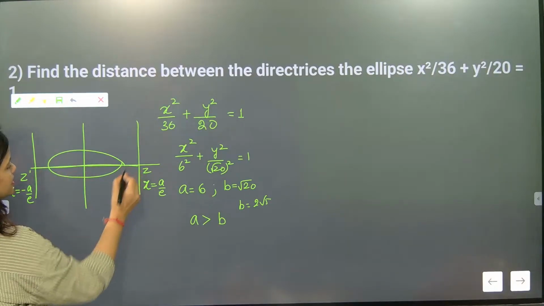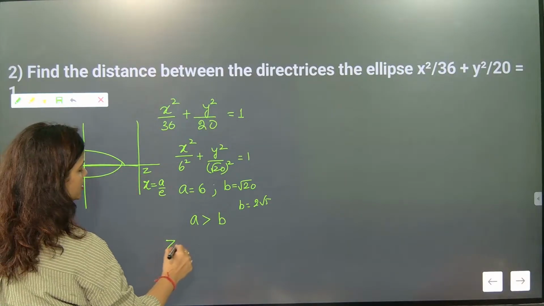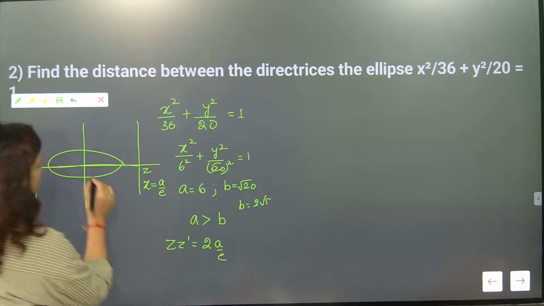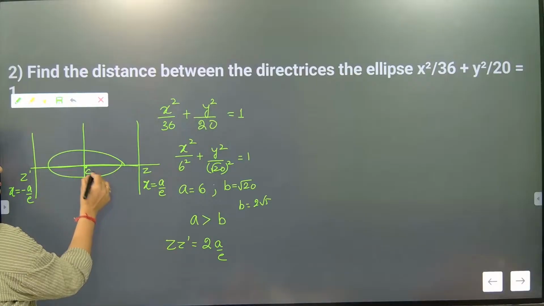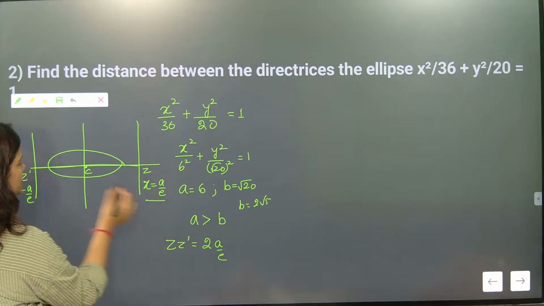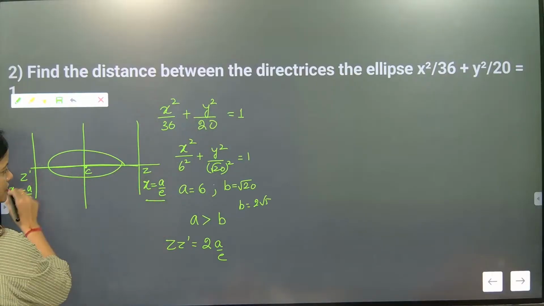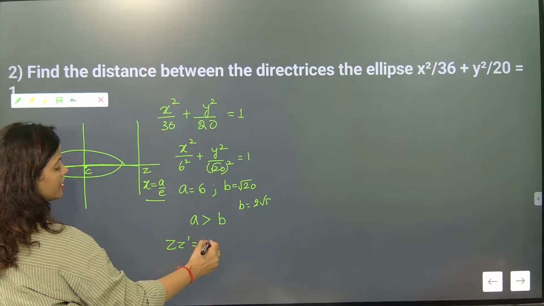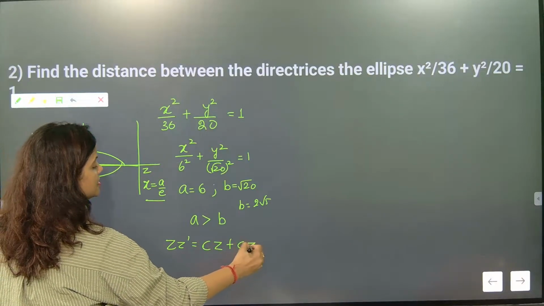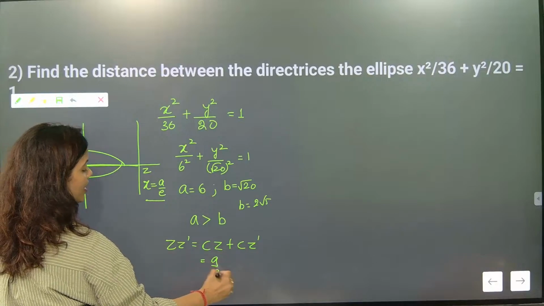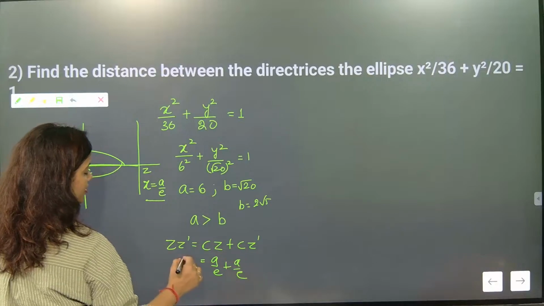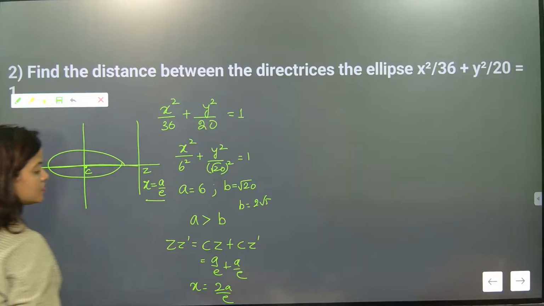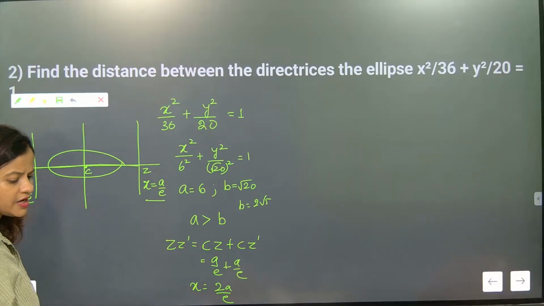The distance ZZ dash is 2a by e, because from the center C, CZ is this much and CZ dash is this much. So ZZ dash is CZ plus CZ dash, that is a by e plus a by e, that is 2a by e. This will become the directrix length.